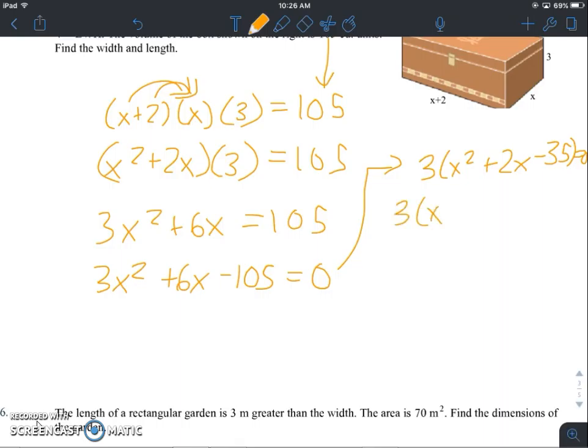It's going to be x plus 7, x minus 5, equals 0. So my zeros, 3 can't equal 0, so I can get rid of that part. It's going to be negative 7 and 5. Just like the last problem, I plug those in. I'm not allowed to have a length of negative 7, so 5 is the only one that works. So I get 7 and 5.